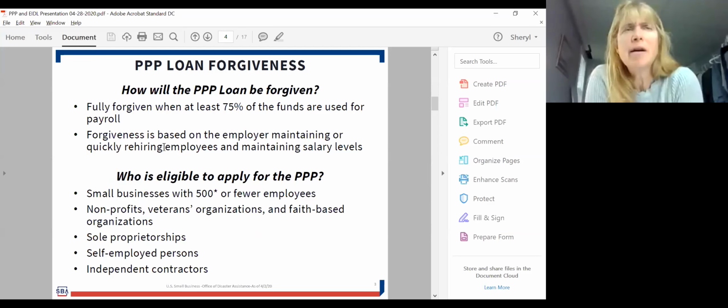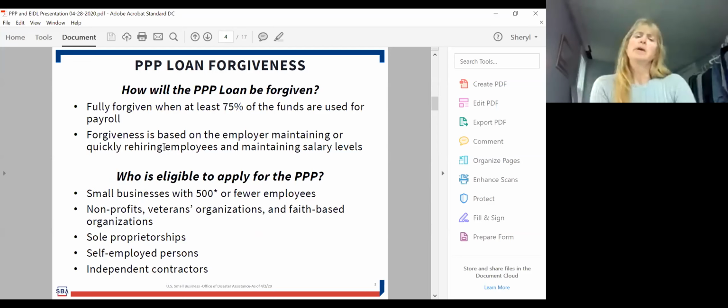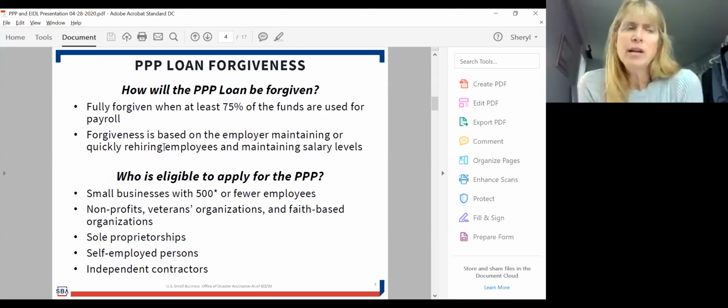in this time. All of this information can be found on either treasury.gov or on the SBA.gov website. When you click on both of those, it gives you a link straight to the COVID information. And why is this important?